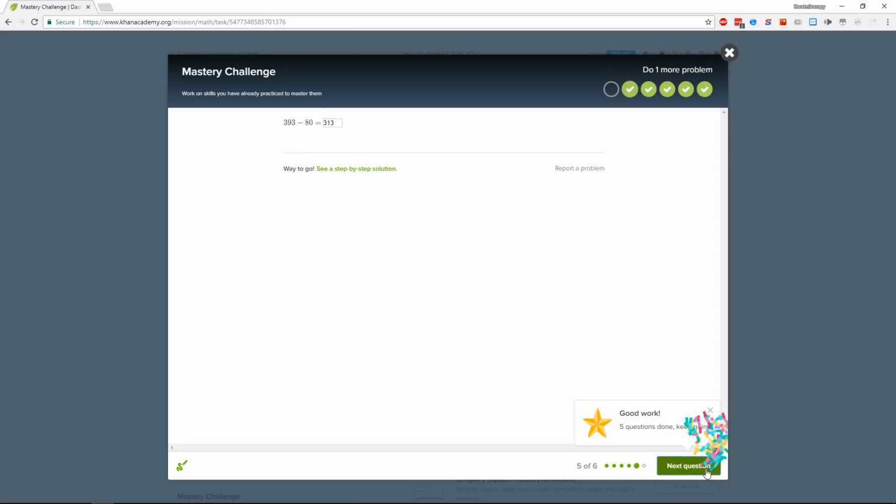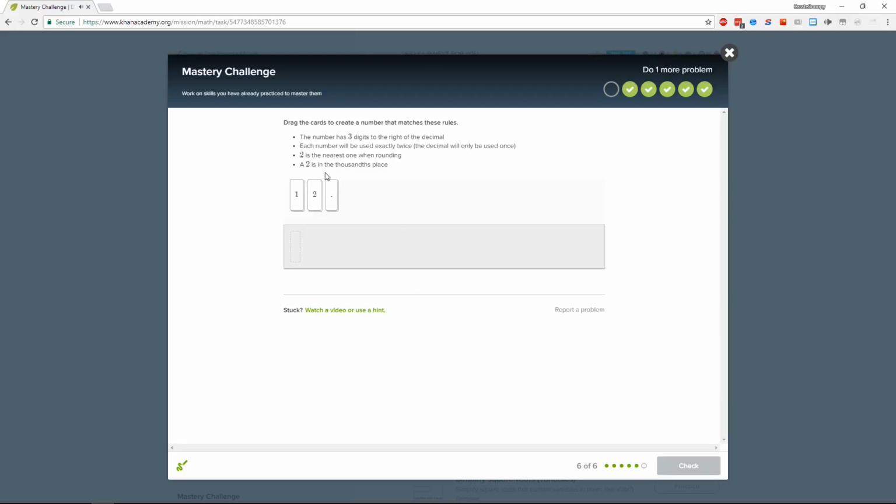$313. Create the number. The number has 3 digits to the right of the decimal. Each number will be used exactly twice. 2 is the nearest 1 when rounding.